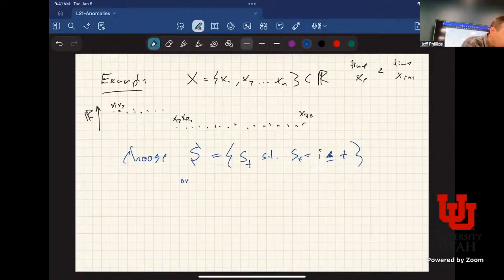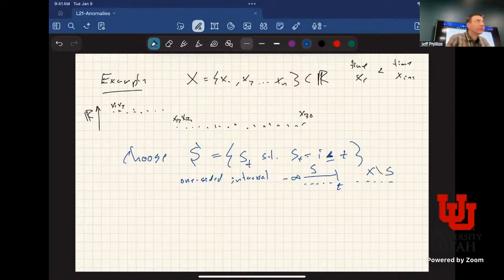I'm going to call these one-sided intervals. They're going to be like negative infinity up to some point T. So this will be S, and afterwards will be X set minus S. So I'll define my family of subsets to be these one-sided intervals.